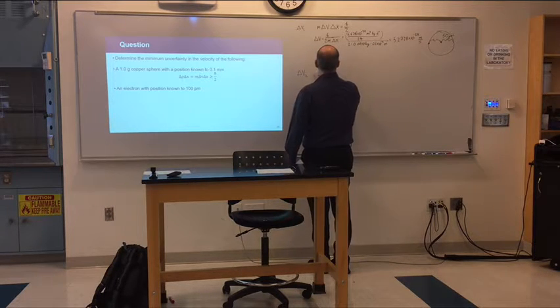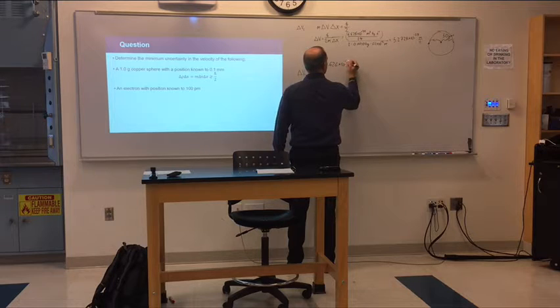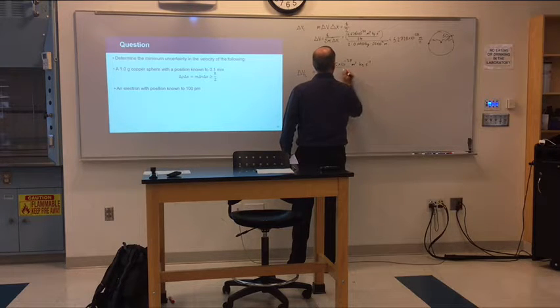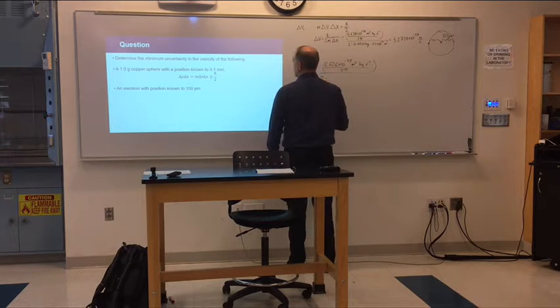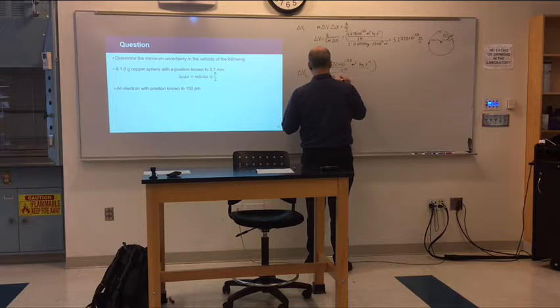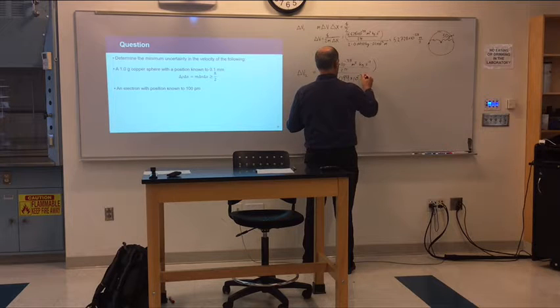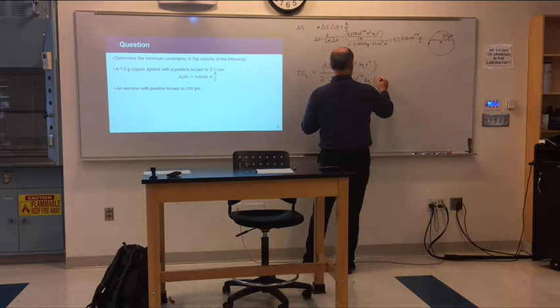So 6.626 times 10 to the minus 34 meters squared kilograms squared second minus 1, over 2 pi, over 2 times the mass of an electron, which is 9.110 times 10 to the minus 31 kilograms, I grabbed a slightly more accurate value, times 1 times 10 to the minus 10 meters.